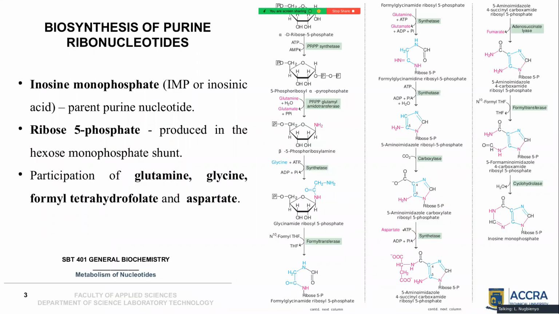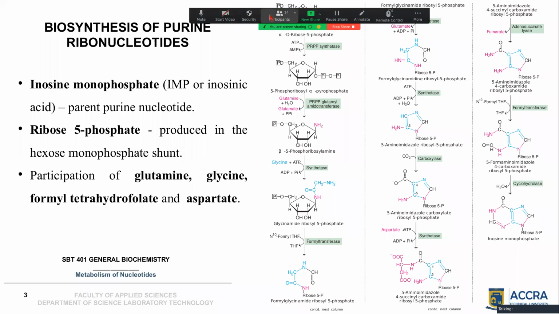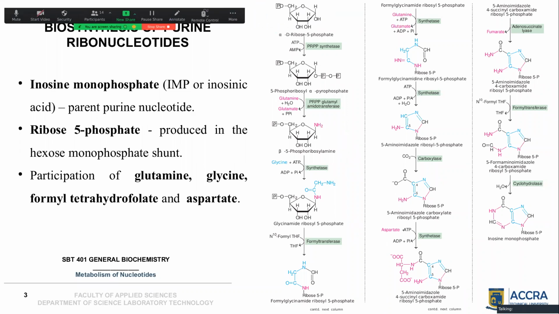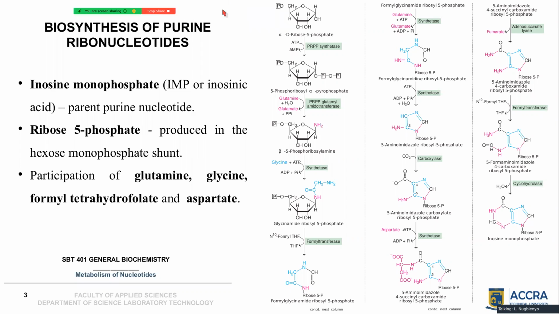Now, that process in detail, as we are looking at it, you see that the final product, inosine monophosphate, is the parent molecule, or let's say the precursor for the formation of the purine ring, or for the purine nucleotide.